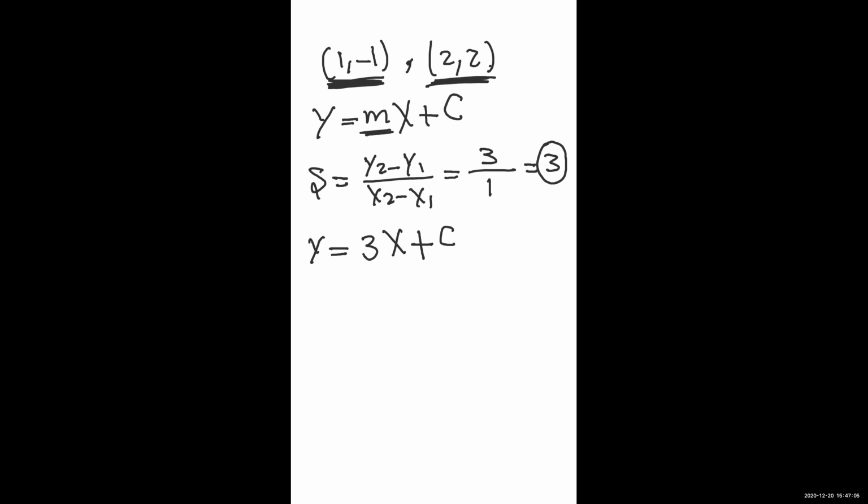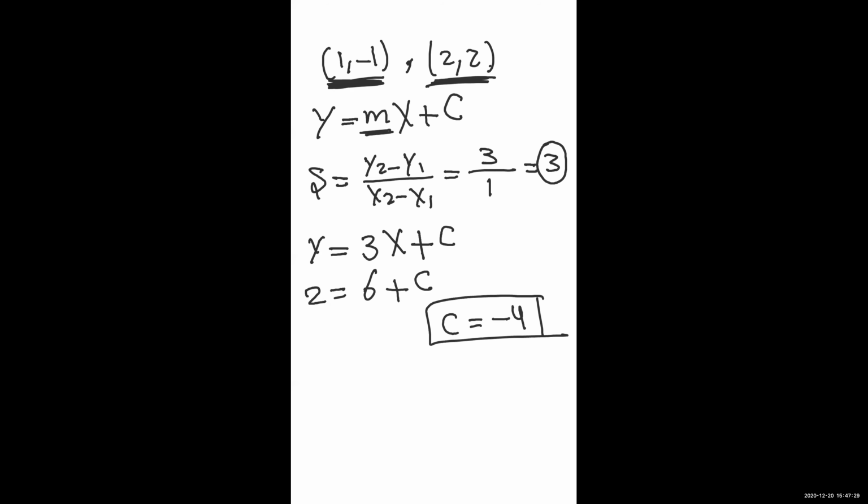So simply, guys, if I use 2 and 2, now y equals 2 and x also 2. So 3 times 2 means 6, plus c. So simply, guys, here c will equal 2 minus 6, which is equal to -4.